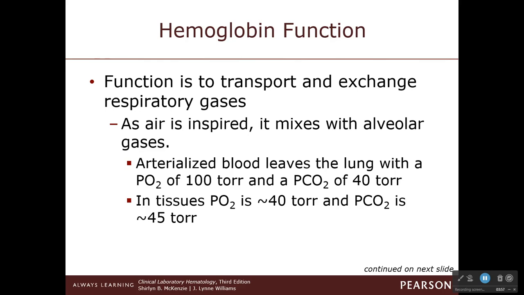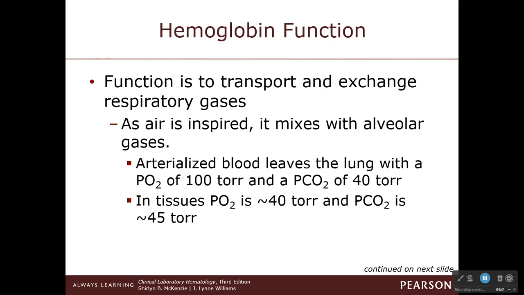It's called P50. P50 is when 50% of all hemoglobin is saturated. So this number is very important for us. When we're looking at that P50 curve, it's going to be about right here.